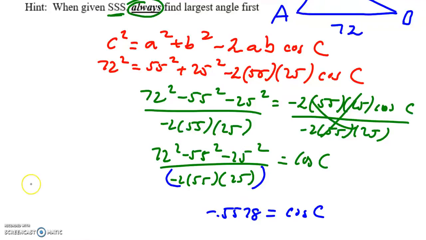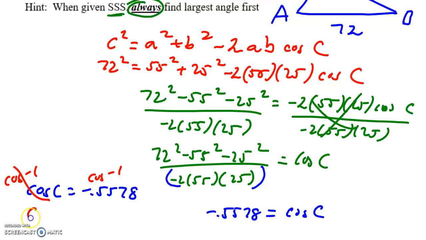Now, if I write that the other way, cosine of C equals negative 0.5578. You might recognize this from earlier in the semester, that if I want to solve for C, we can't divide by cosine, but we can take the inverse cosine of both sides. So over here it would cross out. You get C equals the inverse cosine of negative 0.5578.